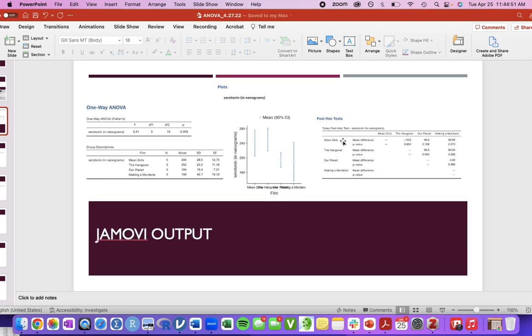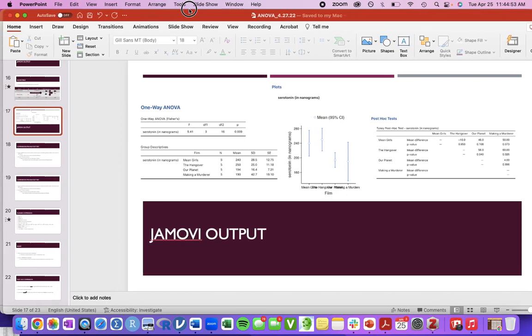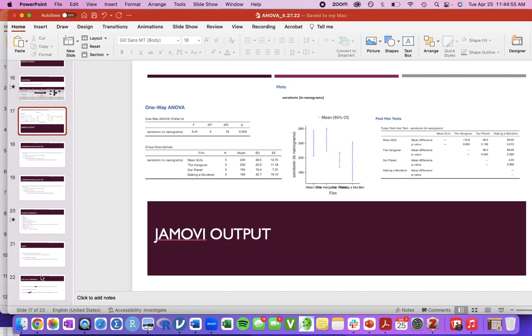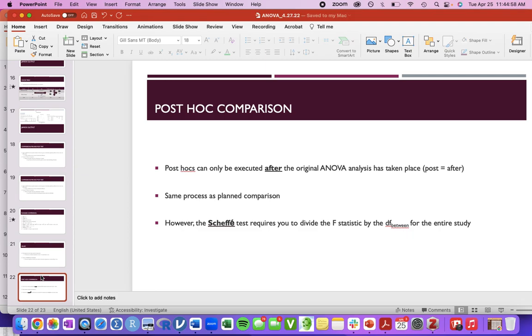So that's the most common thing we would do, a post hoc test. I actually talk about this at the end of the slides, but that's okay. Just note that a post hoc can only be executed after the original ANOVA. We're not going to look to find differences between groups unless we know that there is a difference to look for.